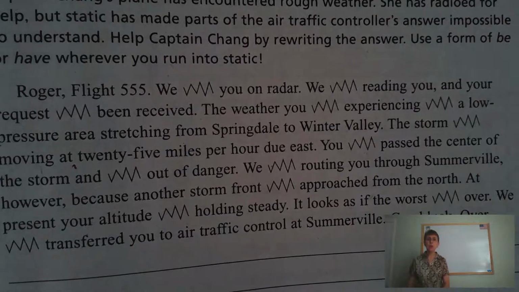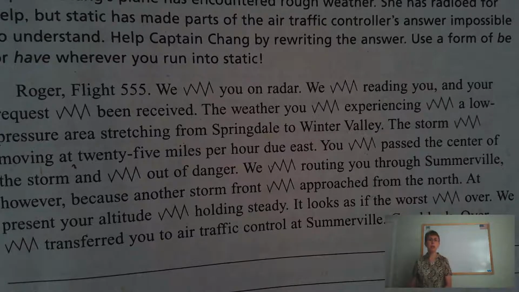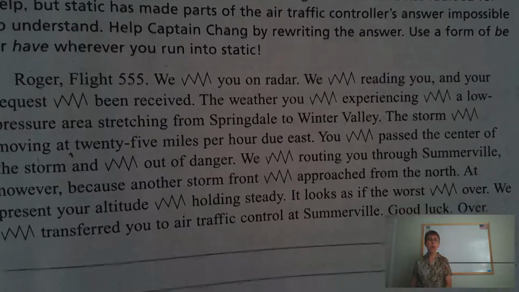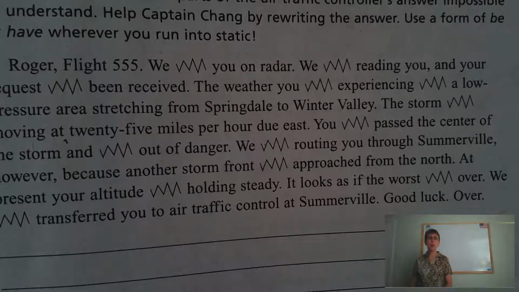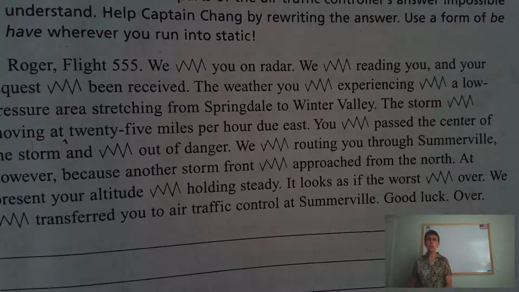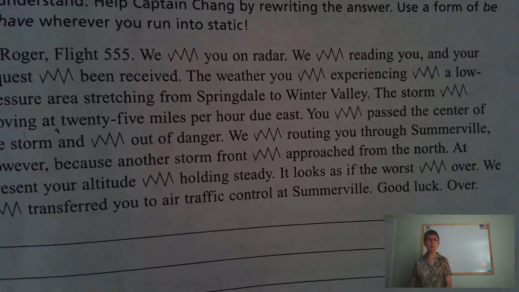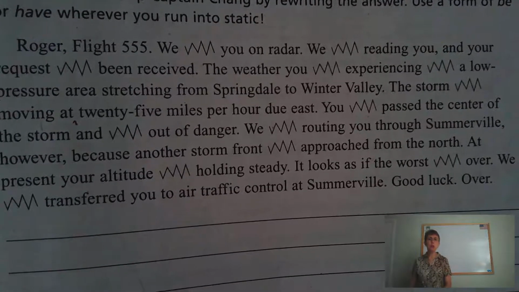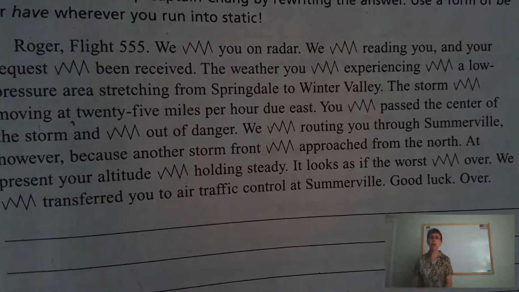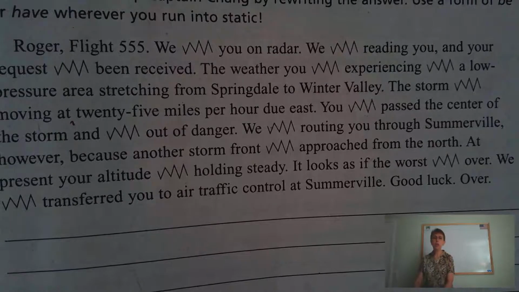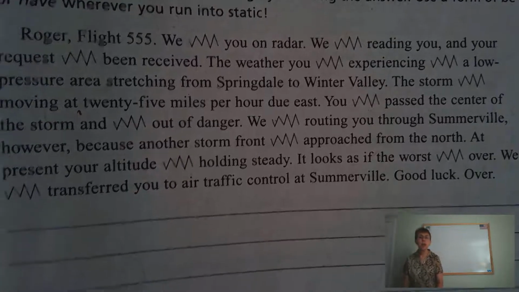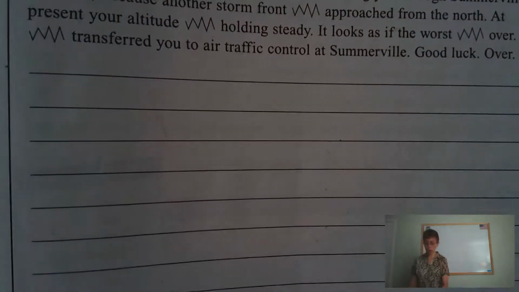We blank routing you through Somerville, however, because another storm front blank approached from the north. At present, your altitude blank holding steady. It looks as if the worst blank over. We blank transferred you to air traffic control at Somerville. Good luck. Over.